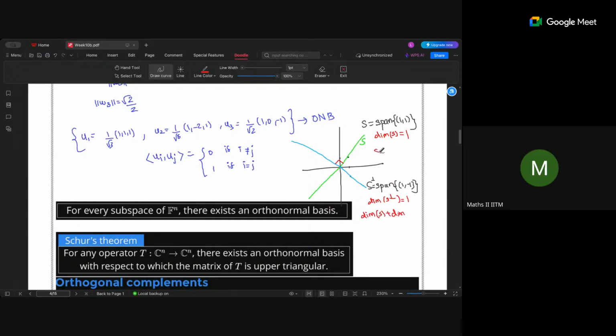S is a subspace of R2, so this is equal to 2. In general, you take any subspace S of Rn. Can you tell me how to find the dimension of S perp without even knowing what S perp is? It should be n minus dimension of S. That's all.